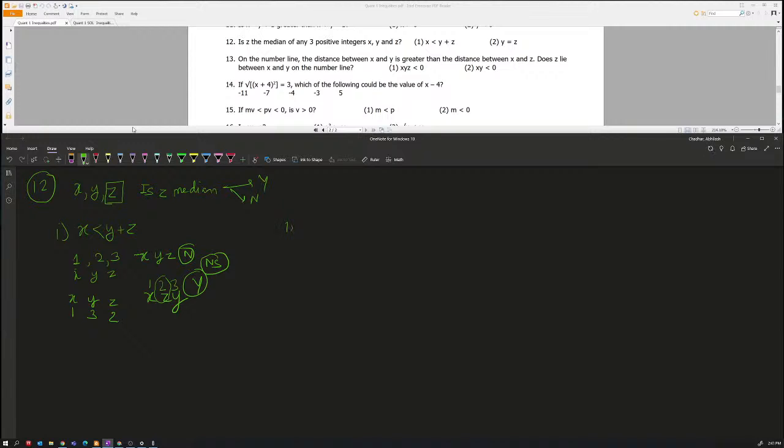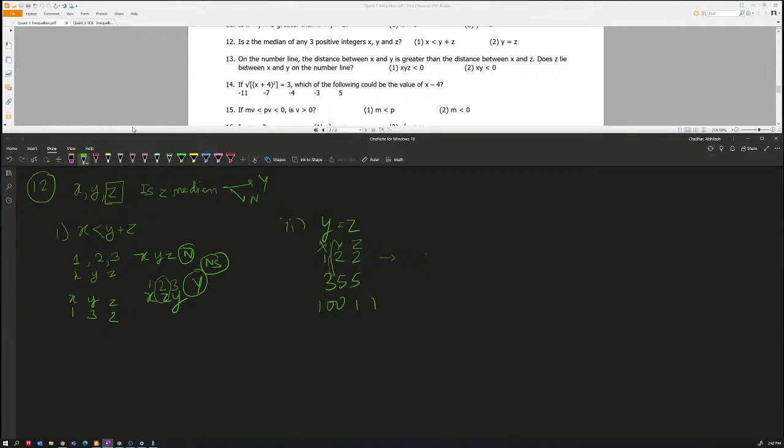Okay, so let's take condition number 2. Condition number 2 says y equals z. So this is a good condition. In that case, it will always be like 1, 2, 2, or 3, 5, 5, or 100, 1, 1. Let's arrange all these. The first column is x, this is y, and this is z.